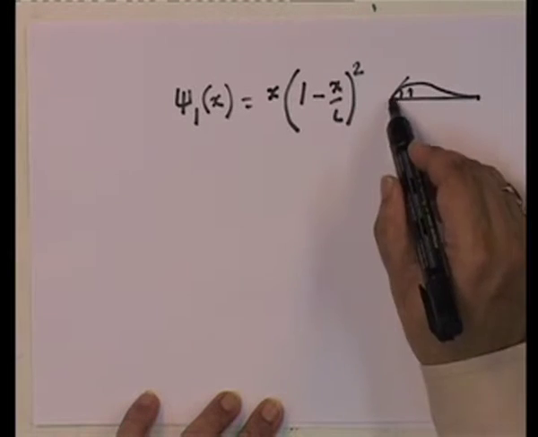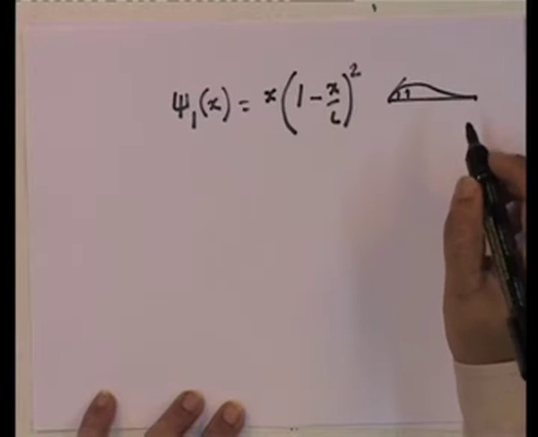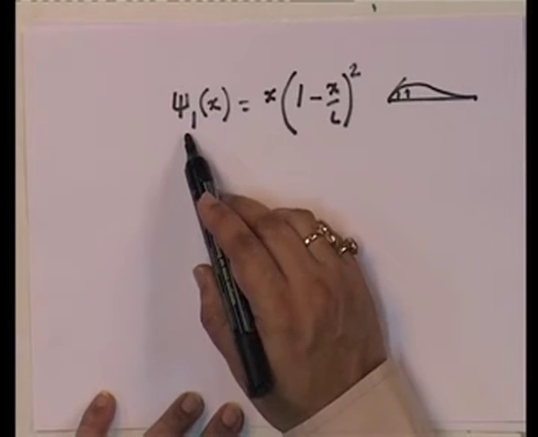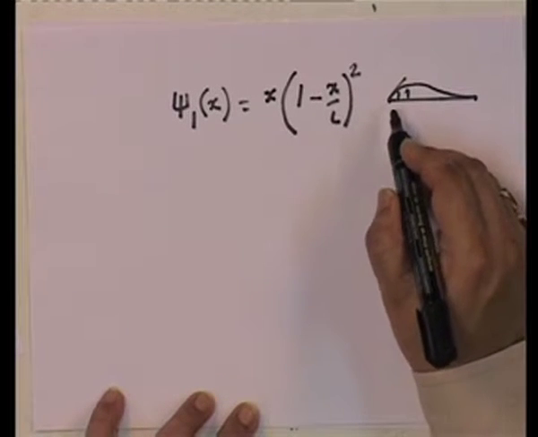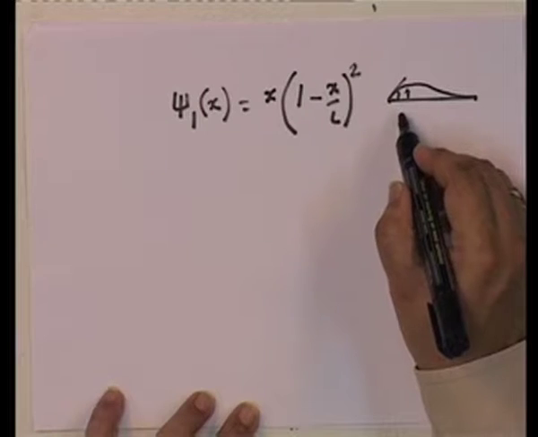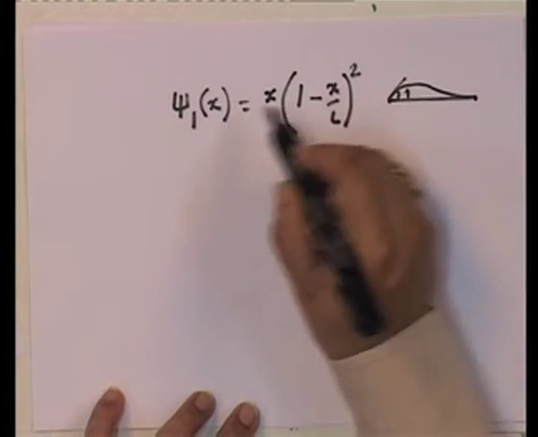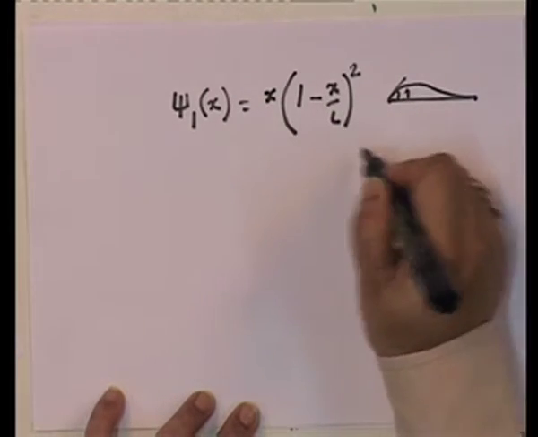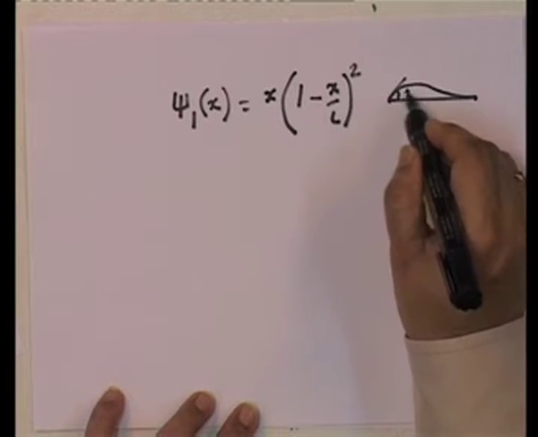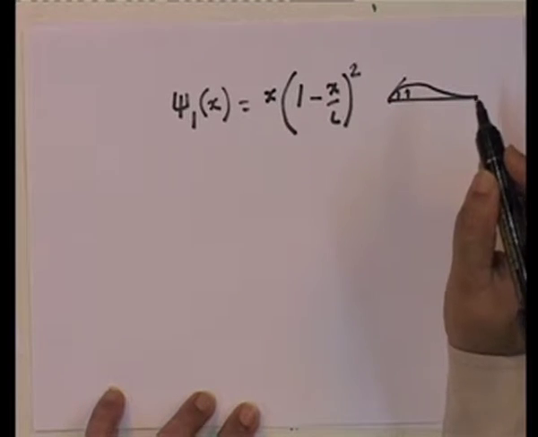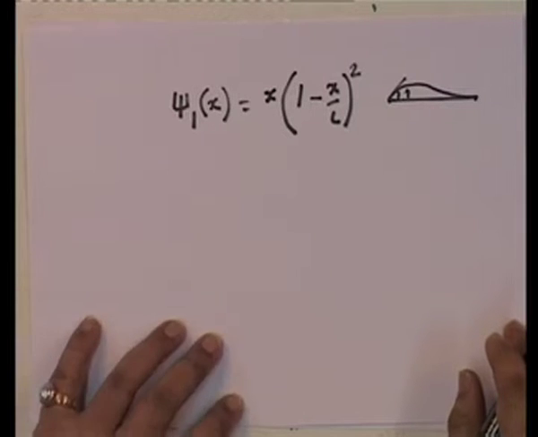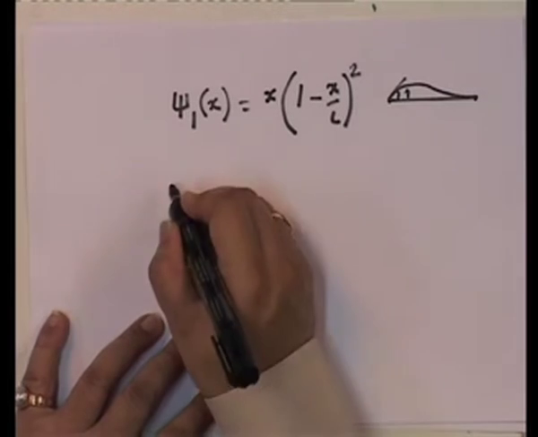So, it satisfies the boundary conditions. Similarly, if you differentiate xi 1 prime x, you will find that at x equal to 0 this is equal to 1 and at x equal to L it is equal to 0. I am not going to go into those details again.